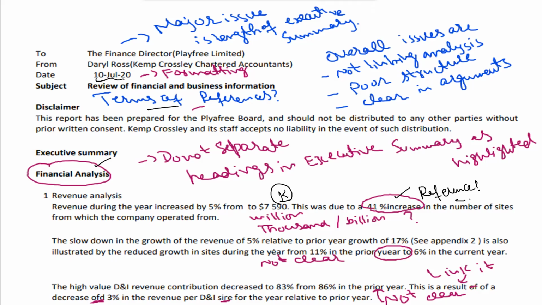Not during the year from 11% in the previous year, prior year. What do you mean by prior year? What was the prior year? Nothing has been mentioned. What is your current year? This is as a result of, no, things are not quite clear. So in this way I provide the feedback. I review each and every script of all of your students, then provide you comprehensive feedback on how you should move forward.